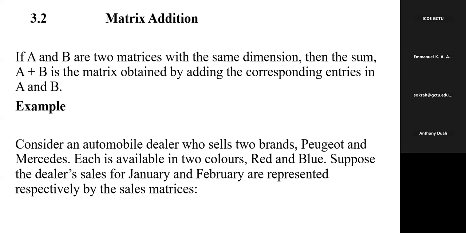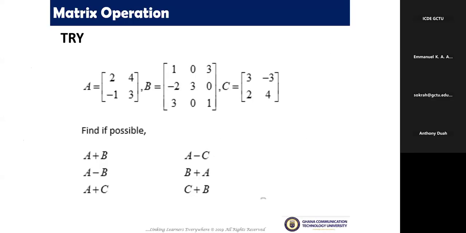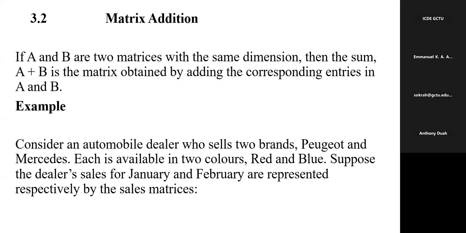Okay, so this is an application question on addition. Okay, look at this. You have to consider an automobile dealer who sells two brands, Peugeot and Mercedes. Each is available in two colors, red and blue.